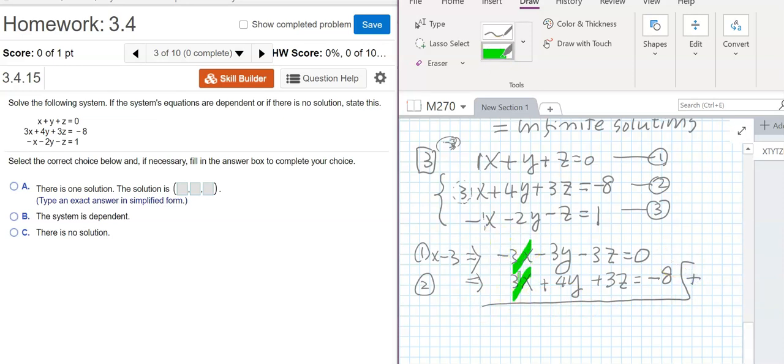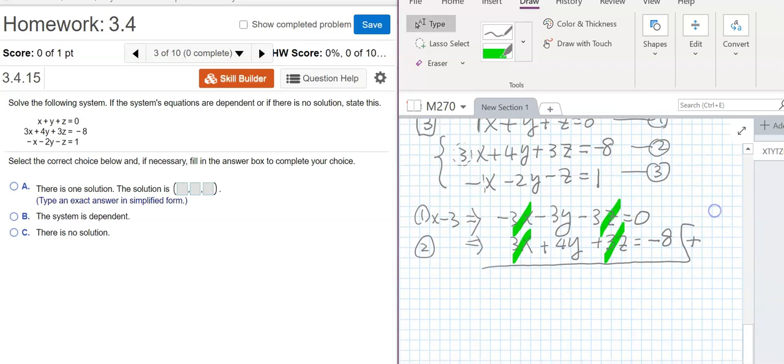But not only that, I cancel z as well. Although my purpose was getting x, at the same time the z gets canceled. So now this is 1y equals 0 minus 8, negative 8. So I get one answer already.